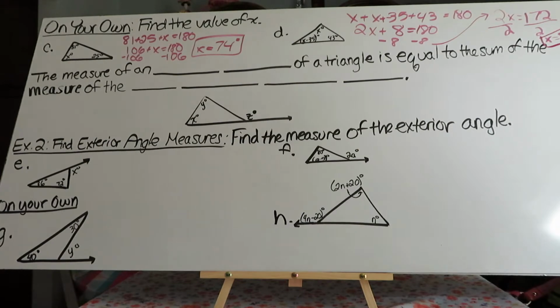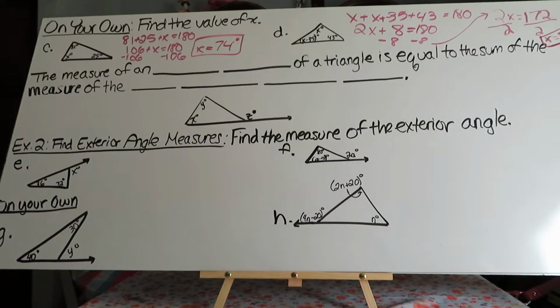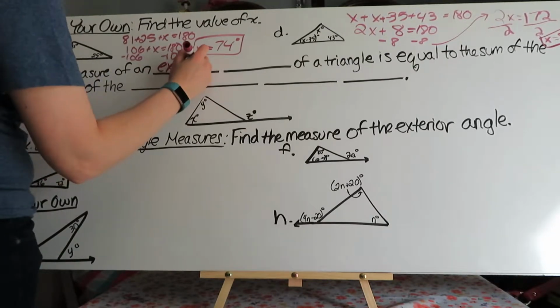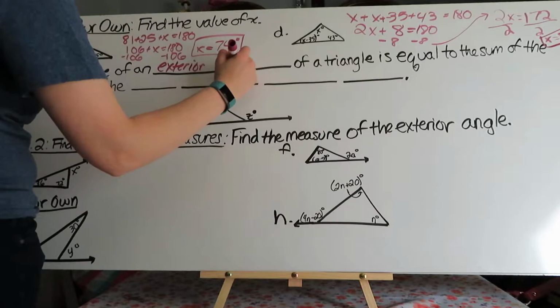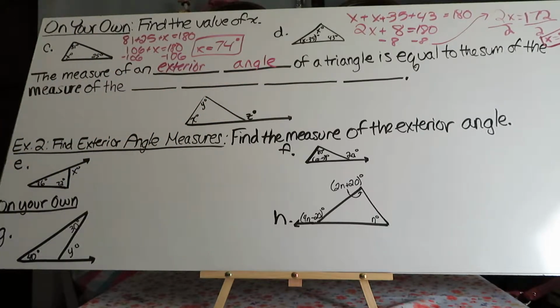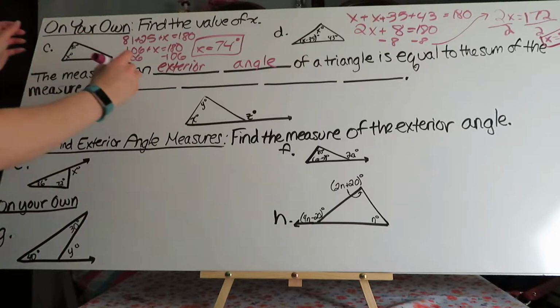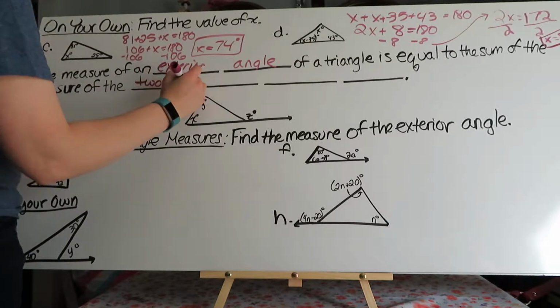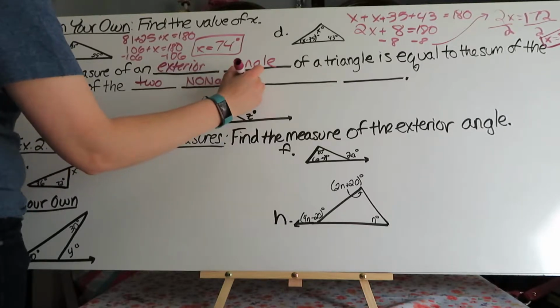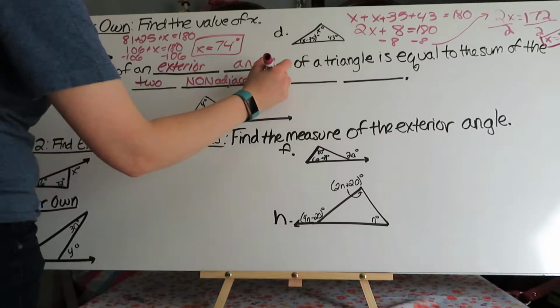All right, so the measure of an exterior angle of a triangle is equal to the sum of the measures of the 2 non-adjacent interior angles.